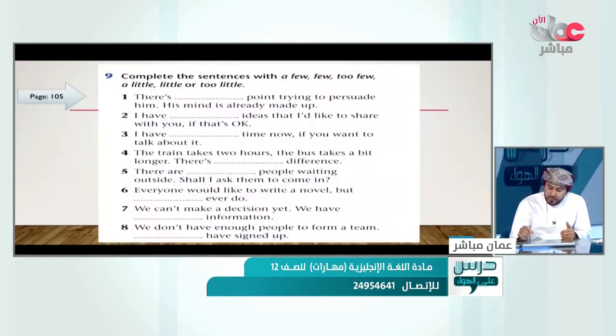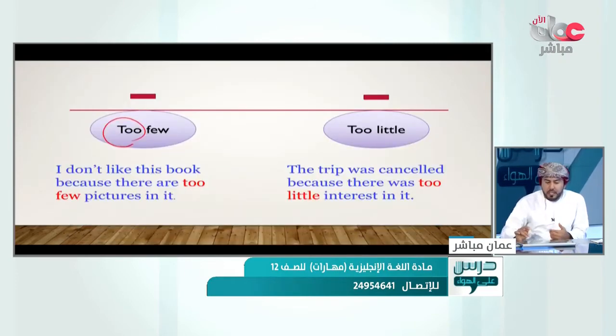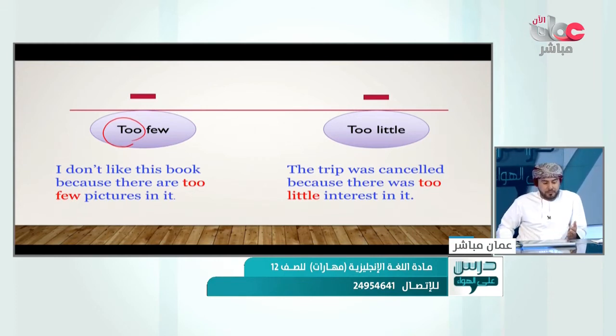And the same for too few. For example here, I don't like this book. Why? Because there are too few pictures in it. That's why I don't like this book, because I'm not happy with the amount of pictures, and I expected that I would find many pictures. That's why he doesn't like this book.